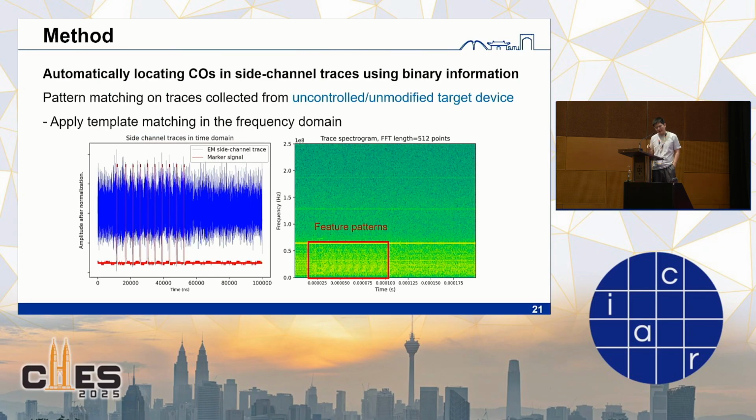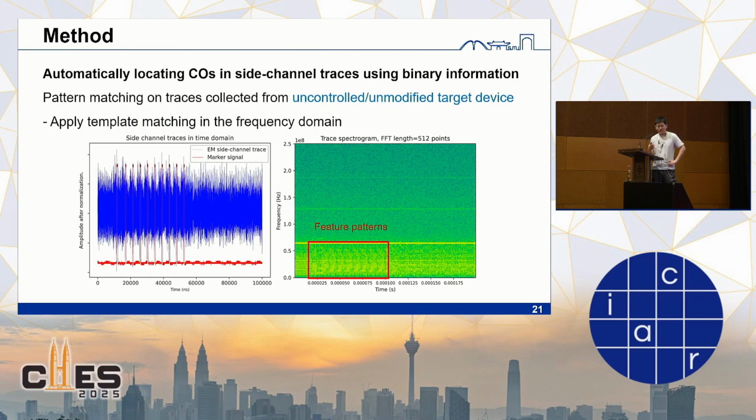And the final step is how we locate the COs from a trace collected from targets whose firmware we cannot modify. We actually use a scheme like a profiling attack. So we first build templates on a controllable device, and we use the built templates to do template matching on the target raw trace.